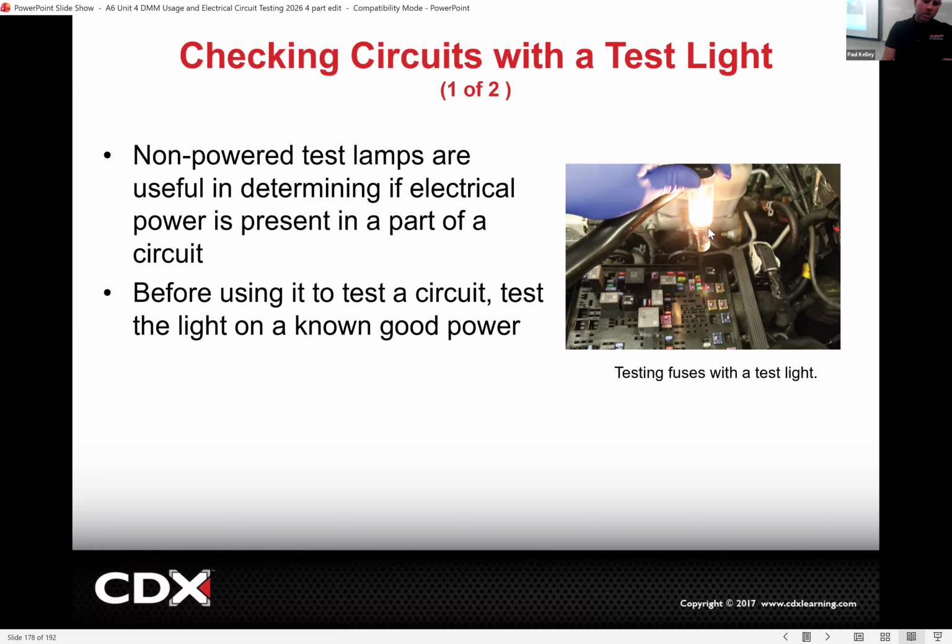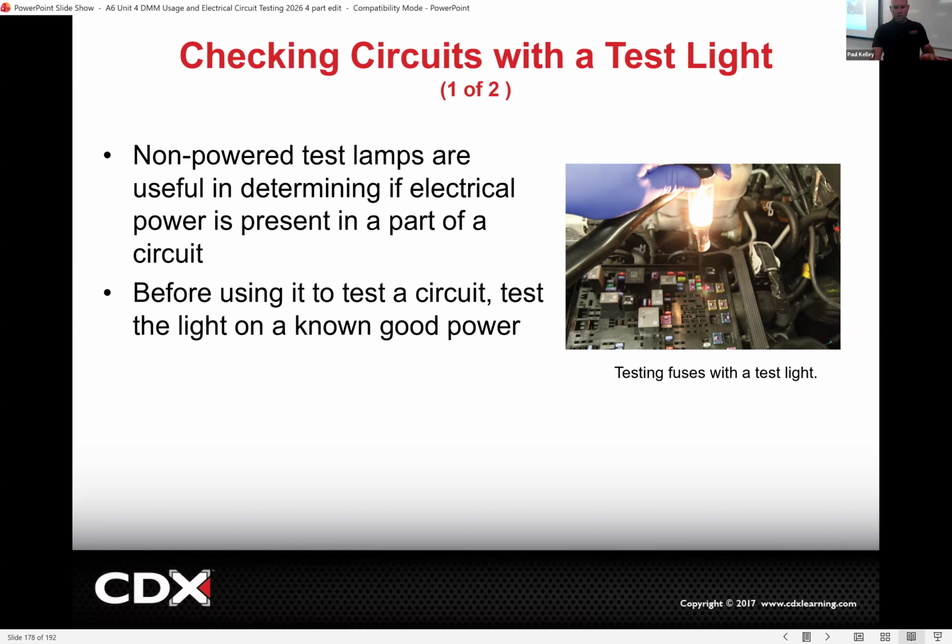Just understand, this test light doesn't have a whole lot of resistance. So if you're testing computerized stuff, you're giving it an alternative path to ground that doesn't have a lot of resistance. Low resistance means high amps, right? Computers do not like high amps.